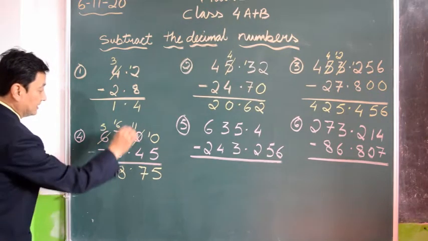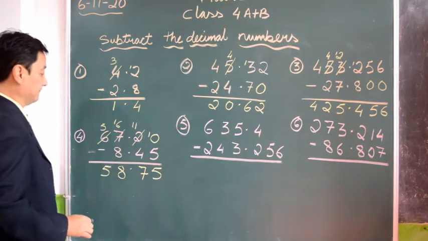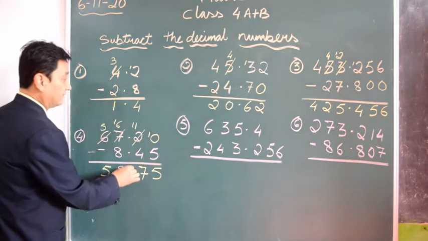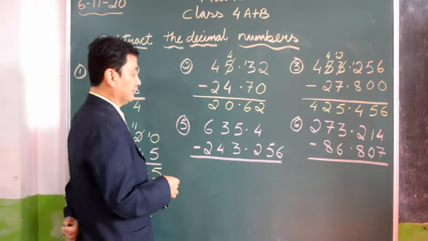So when we subtract these two numbers, we get 58.75.